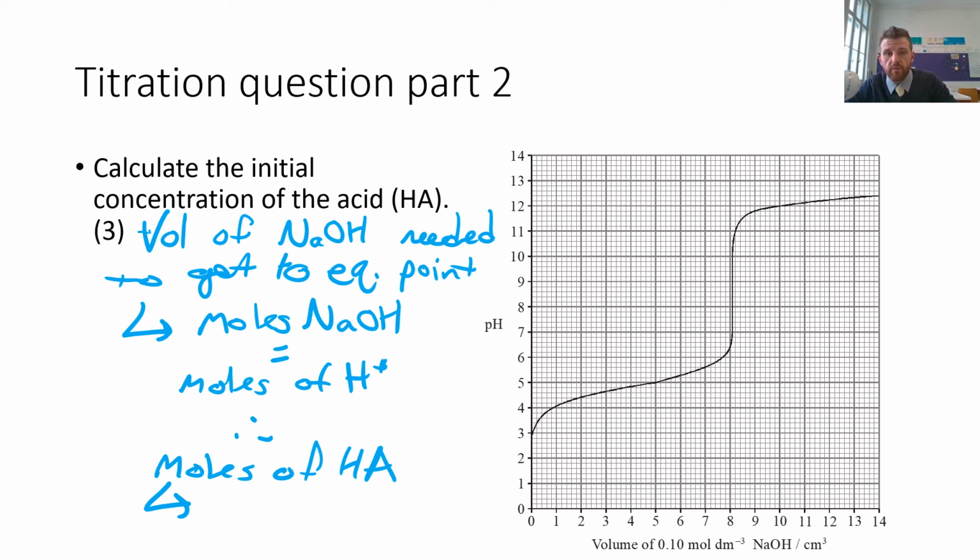So since we know volume, we can do moles over volume to give us concentration of HA. So we got to figure out the volume of NaOH needed to get to the equivalence point. I'm going to erase all of this now and start again.